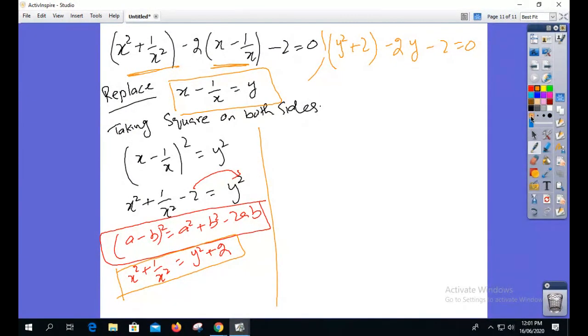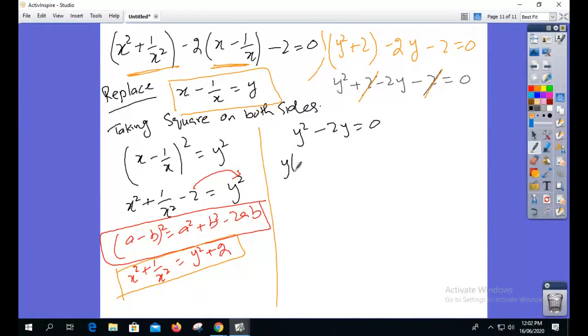Now y square plus 2 minus 2y minus 2 equals to 0. We cancel plus 2 by minus 2 and we have y square minus 2y equals to 0.